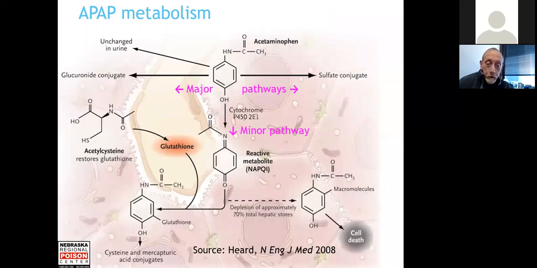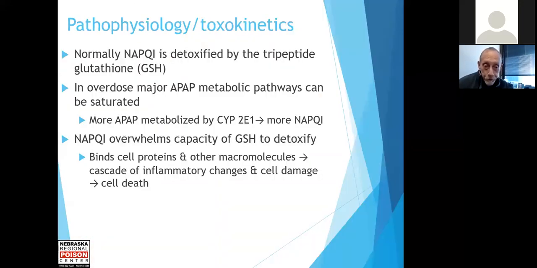These are the major pathways which produce non-toxic metabolites. In that minor pathway, which accounts for less than 5% of the acetaminophen, through the cytochrome P450 enzyme 2E1, normally that toxic metabolite is detoxified by something called glutathione, a tripeptide that's abundant in the healthy liver.